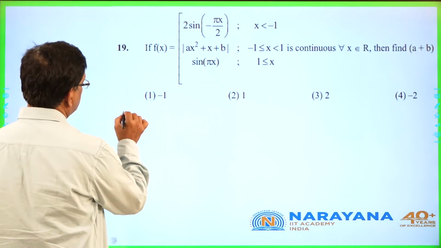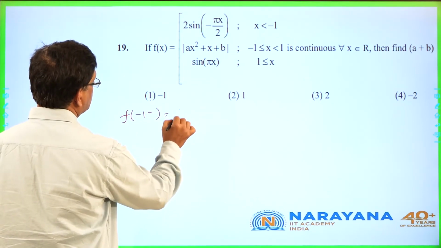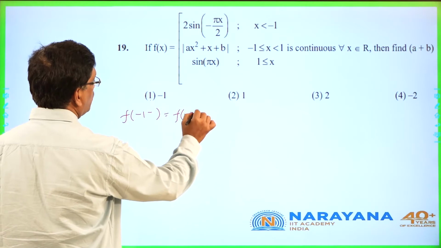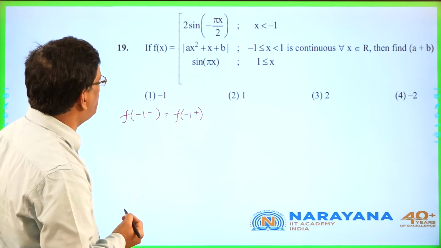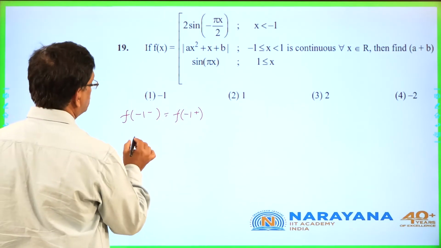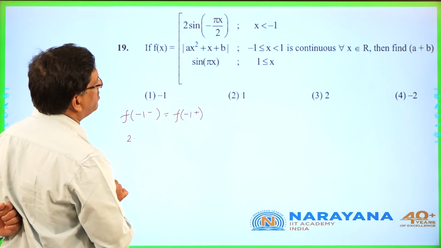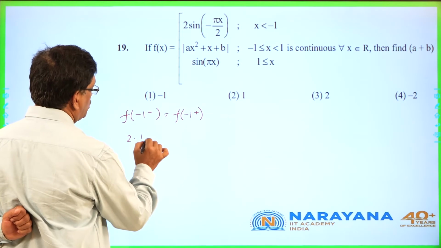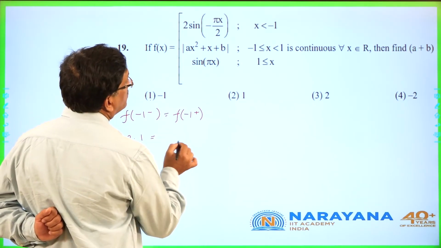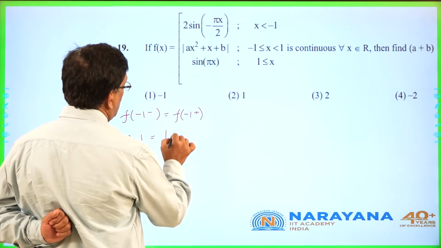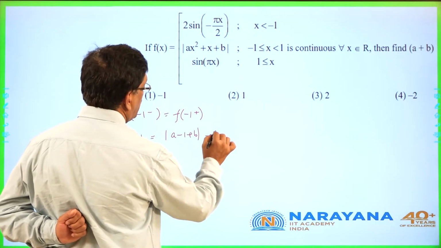Continuity means f of minus 1 minus equal to f of minus 1 plus. So as these are all simple functions, directly we can apply f of minus 1, that is 2 into, if you substitute minus 1, it becomes plus sine pi by 2, 1 minus 1 in place of x, right? Left, it is minus 1 plus b. This is one case.